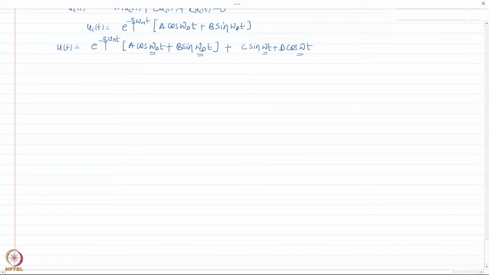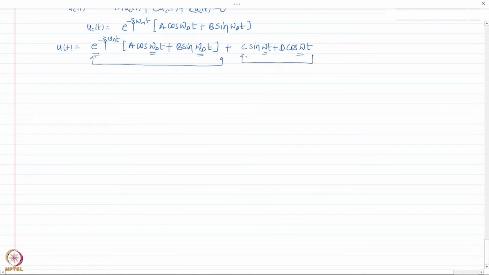Now, what I see here is that I have an exponential term, e to the power negative zeta omega n t, and this whole term is decreasing with time. So after a certain amount of time, this term would become 0.